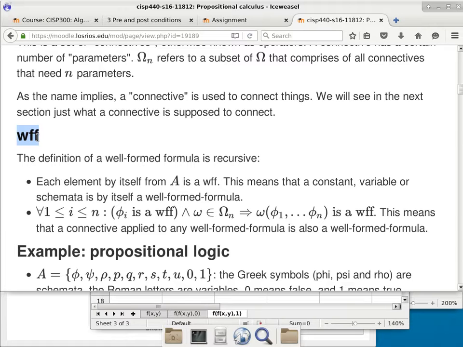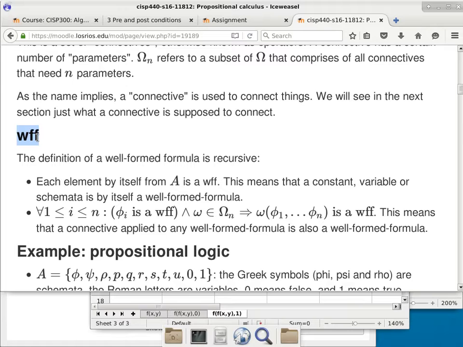If you have a WFF on one side, a WFF on the other side, and an omega 2 element, which is an AND, the AND is a part of that set, this by itself is also a well-formed formula. And because this is a well-formed formula, you can also use it to combine with something else, like put a negation in front of it. That becomes a well-formed formula.